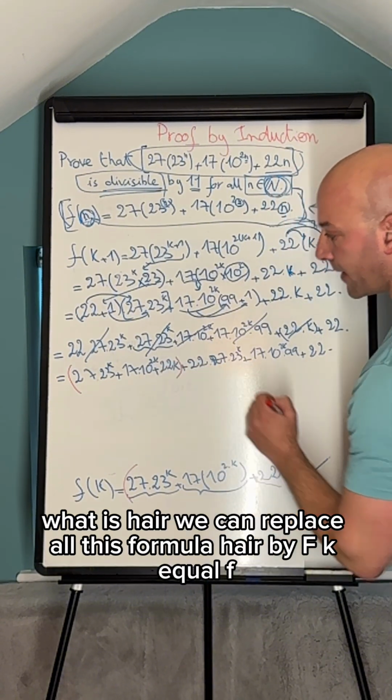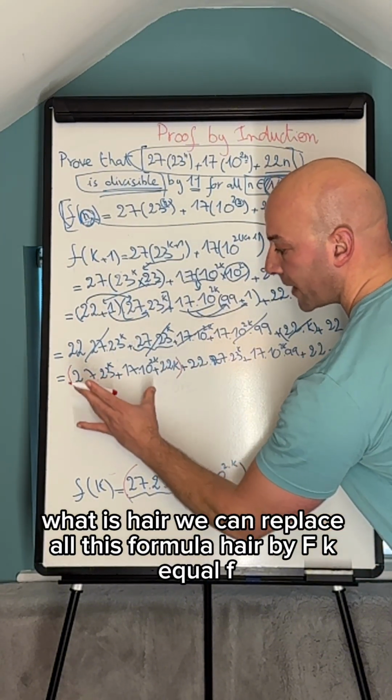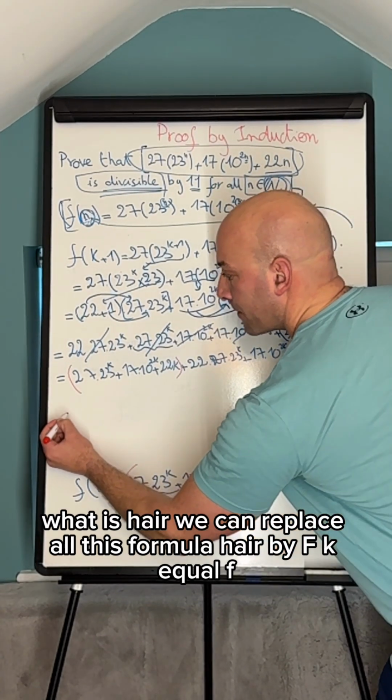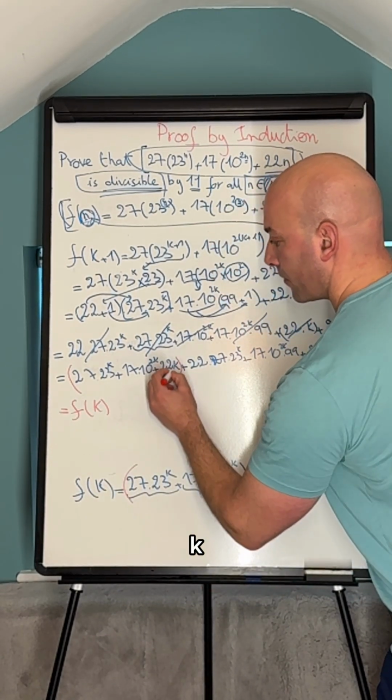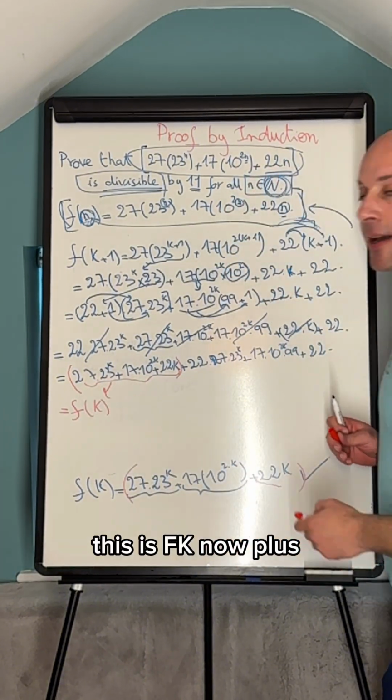Now we've got the whole formula here, this function fk, which is exactly the same as it is here. We can replace all this formula here by fk. This is fk now.